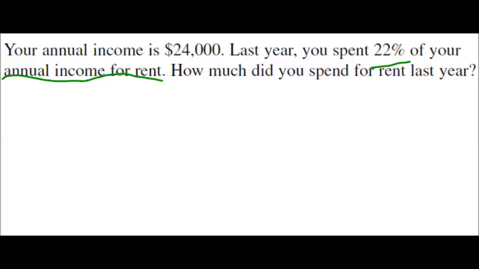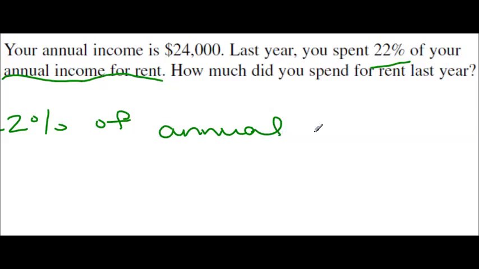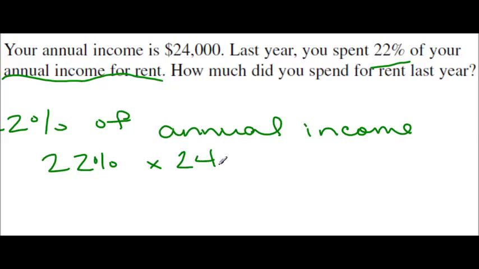Remember, that word "of" is multiplication. So I'm going to start with 22% of my annual income, in words. So that's 22% times, because that's "of," and my annual income was $24,000.